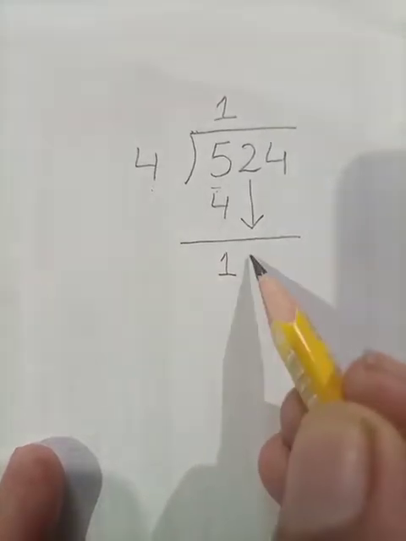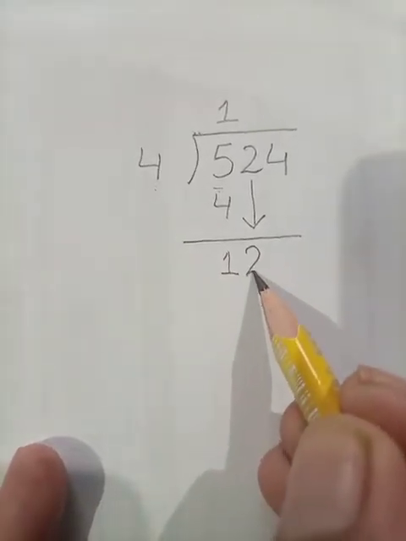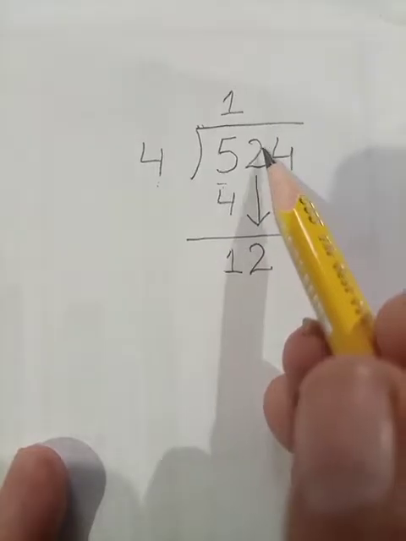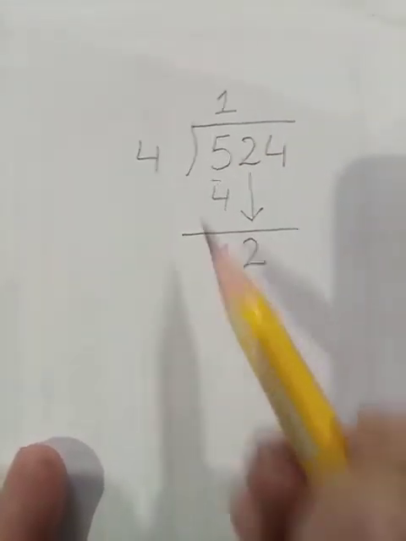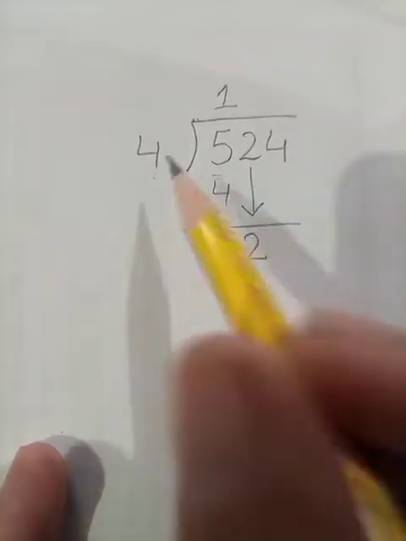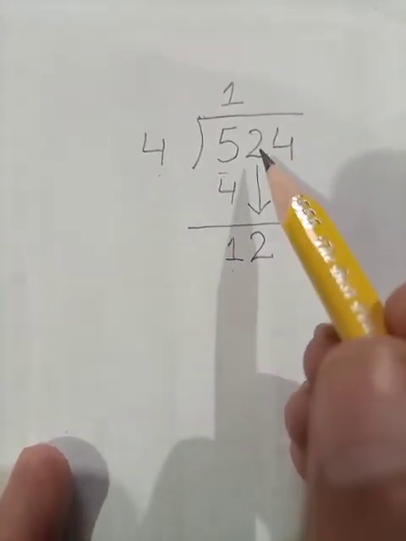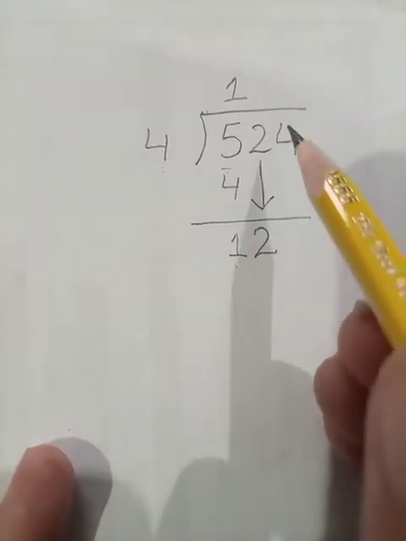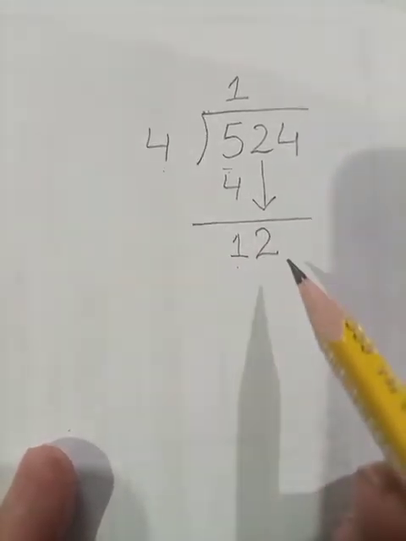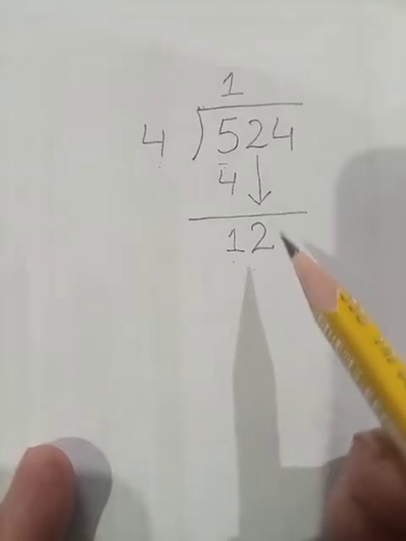Now this one will become 12. Students, I have taken the 2 down because this 1 is smaller than my divisor, so I can't divide it further without bringing my 2 beneath it. Okay, so I have brought the 2 tens down in the tens column.